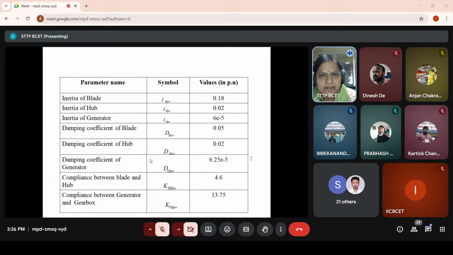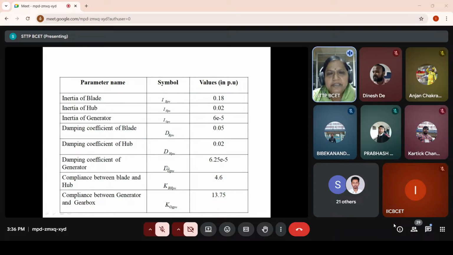And if you talk about the values, here in the table you can see the values we have chosen. These values are the actual values of a wind turbine, but all these values are in per unit system. The first three represent the inertia of blade, inertia of hub, inertia of generator.